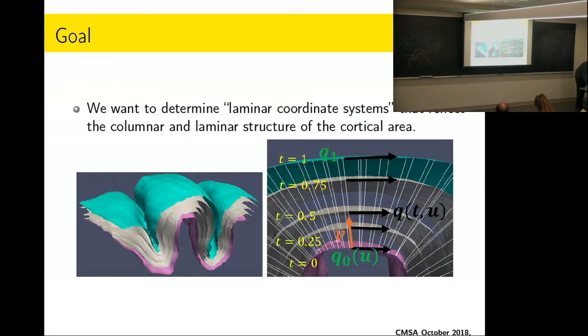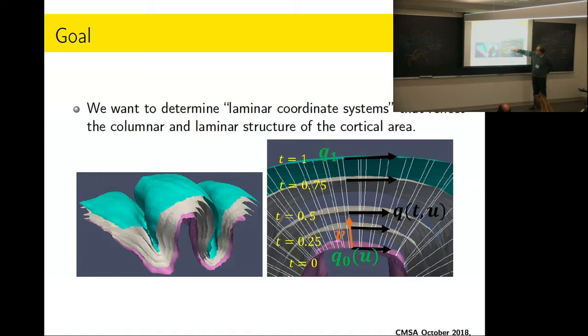All right, so this is as a picture. So trying to have what I'm going to call a laminar coordinate system, we have the transverse direction that will be one coordinate, and then we have these layers.